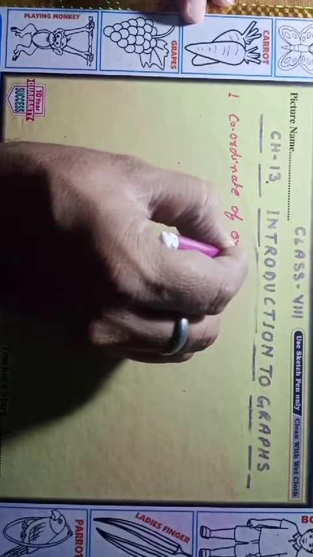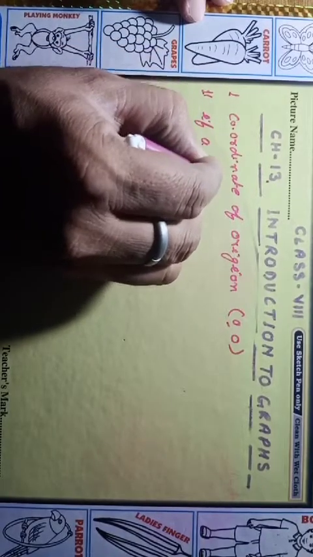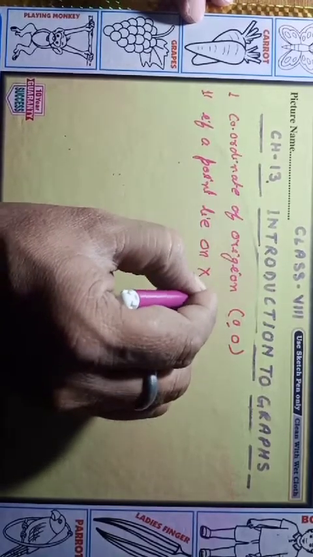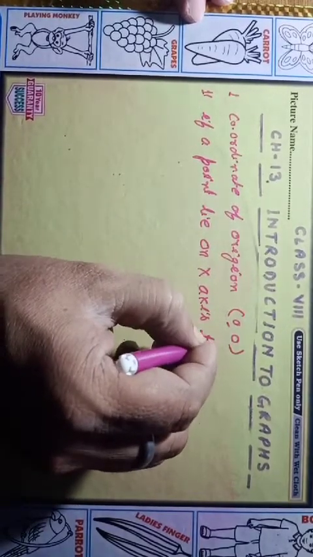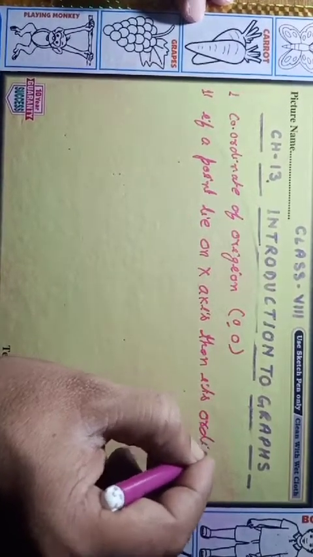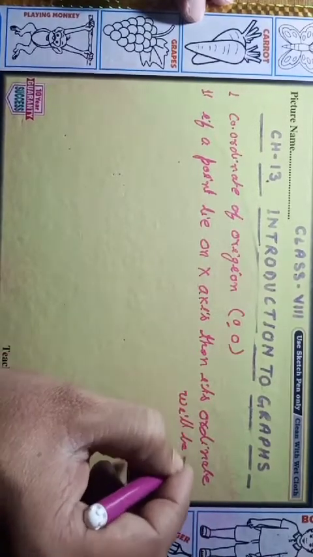Now, first, the coordinate of the origin is (0, 0). If a point lies on the x-axis, then its ordinate will be 0.